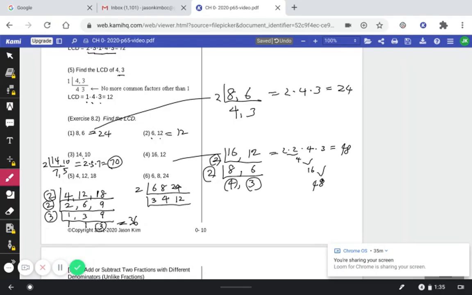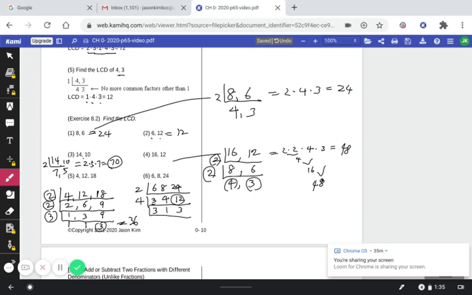I'm going to use 4 this time. You can use 3 this time too, but I'm going to use the bigger number 4. So 3, just write it down because 4 doesn't go into 3. 4 goes into 4 once, 4 goes into 12 3 times. Again, at least 2 of them.